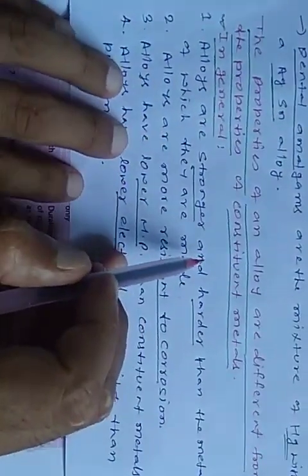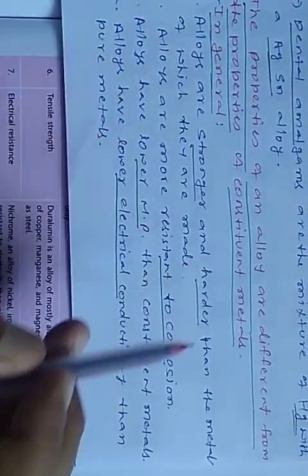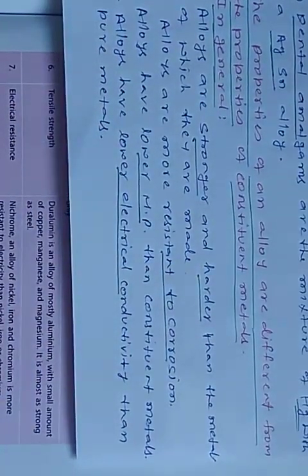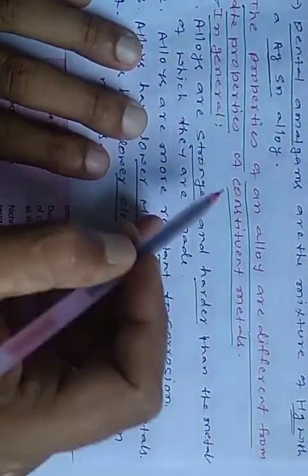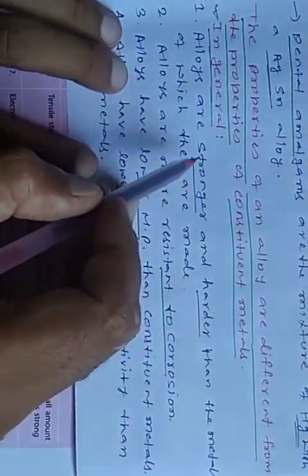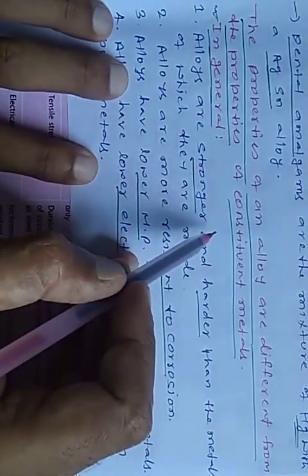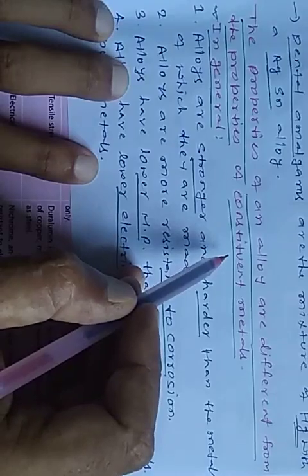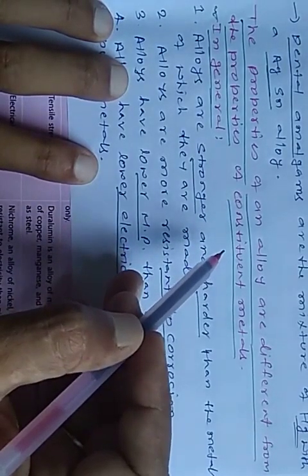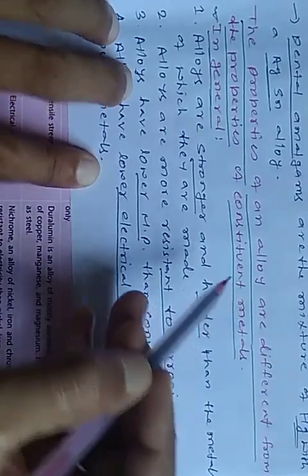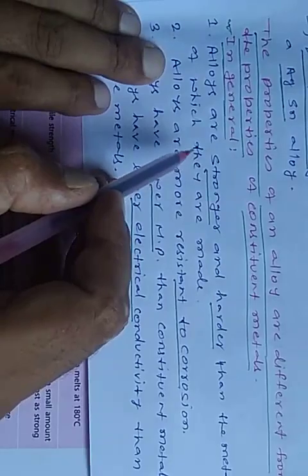Now the properties of an alloy are different from the properties of their constituent metals or non-metals. In general we can observe that the properties of the alloy are completely different from the properties of the constituent metals from which they are formed.